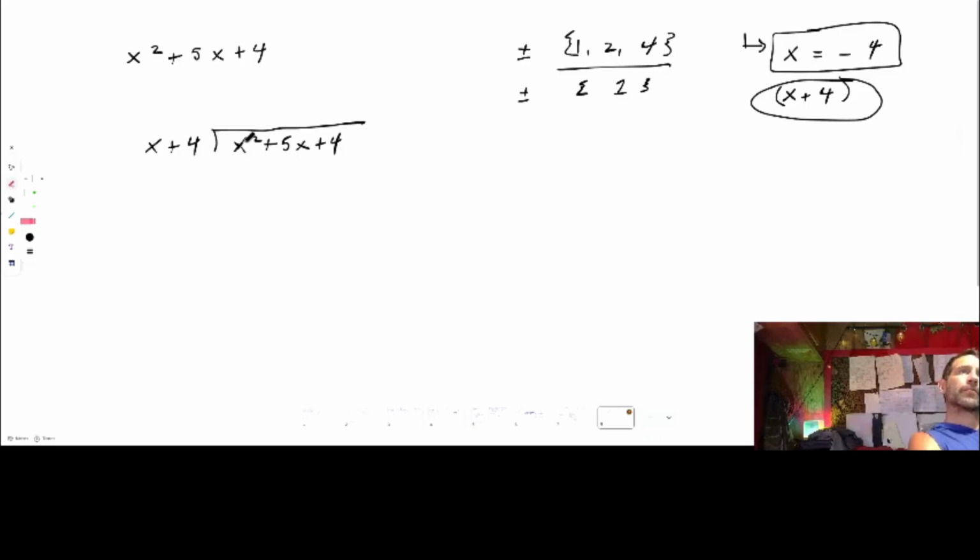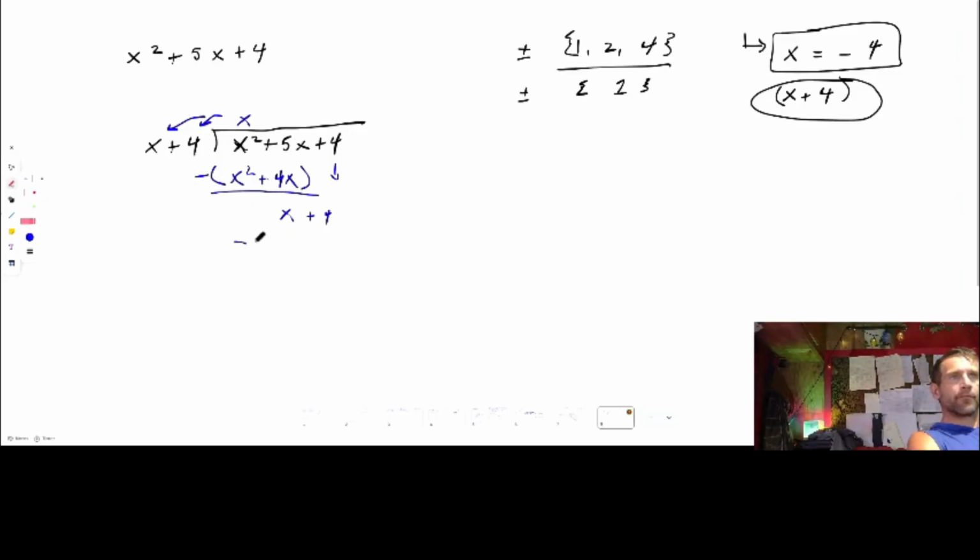So, x, because x times x is x squared. Very good. Write that down. Then you multiply the x by 4, so it's 4x. So it's just going to be 1x, or x. Let's put 1x plus 4.